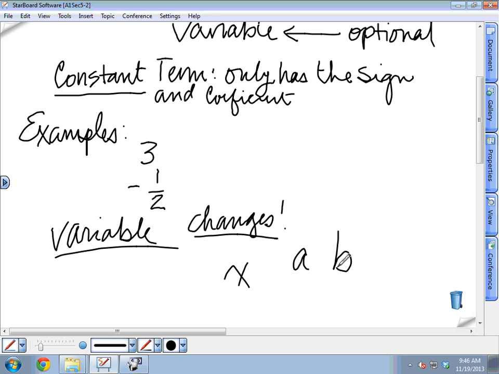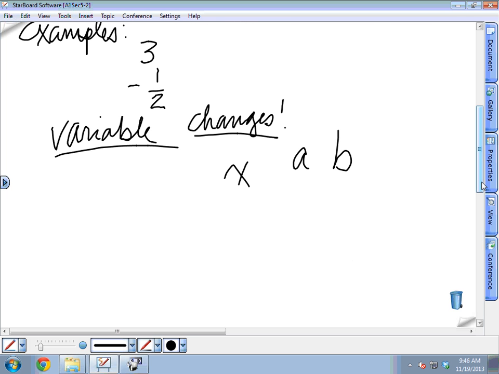When I say the monomial, you're going to look for either a constant term or something that might have variables attached to it. Okay? So when I speak in this language, you'll understand what I'm talking about. Now, let's talk about the entire monomial that we normally think of.